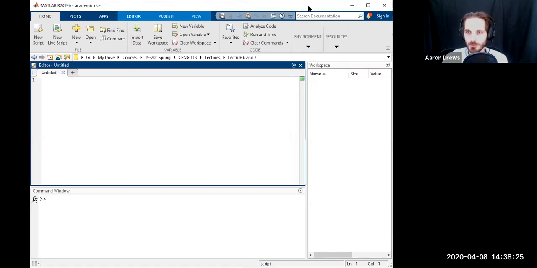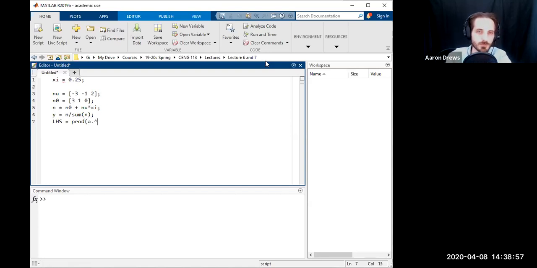So here we are over in MATLAB. If I just pick a value of squiggle, let's just say it's 0.25, and then I write all of my parameters the same way that I did a moment ago: 3, 1, and 0, n is equal to n0 plus nu times psi, y is equal to n divided by the sum of n, and then we'll just skip and say the left-hand side is the product of A raised to nu.